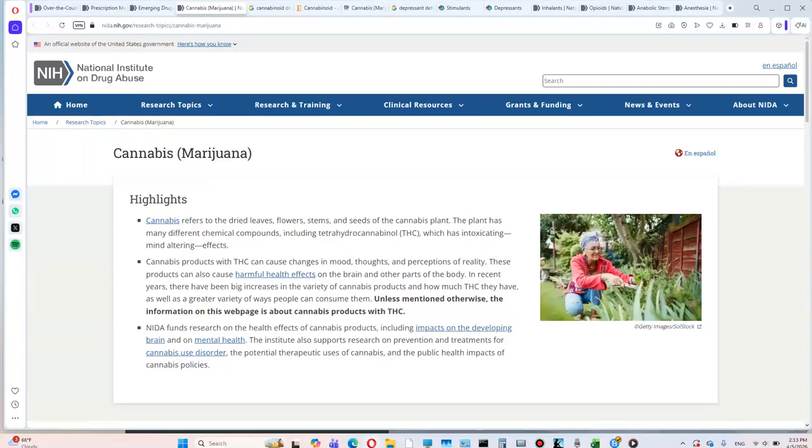NIDA funds research on the health effects of cannabis products, including impacts on the developing brain and on mental health. The Institute also supports research on prevention and treatments for cannabis use disorder, the potential therapeutic uses of cannabis, and the public health impacts of cannabis policies.